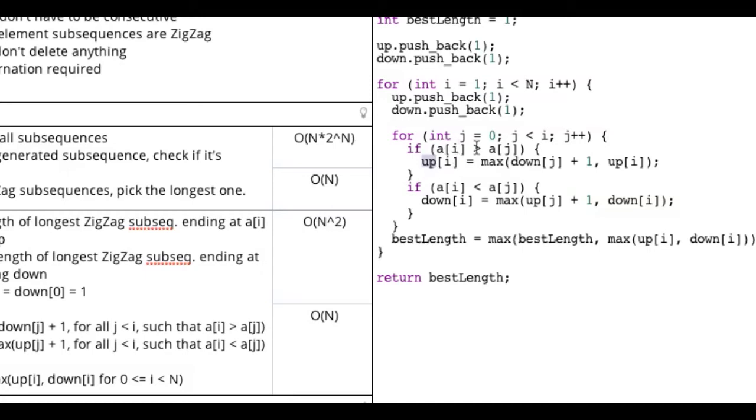Updating up if AI is larger, updating down if AI is smaller. Up uses down, down uses up. Right? So this is looking good. At this point, we're ready with the code, and we can move on to the next section, which is running through some test cases with the code that we just wrote.